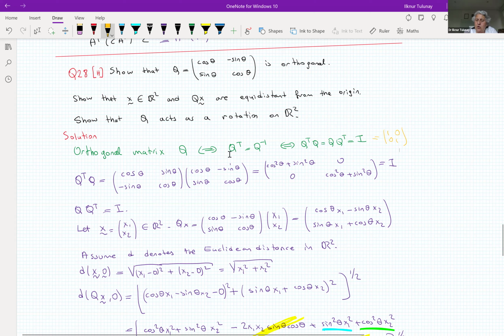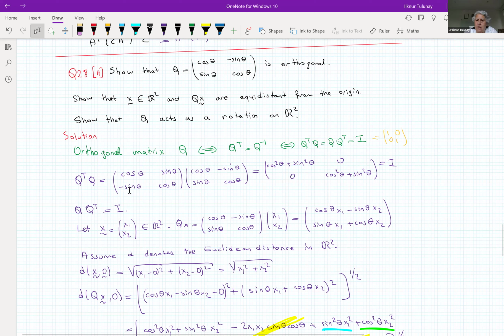This row dot product with this column, we will have cosine theta times sine theta plus sine theta times cosine theta. So that is 0, which is this position. And this row with this column, we have minus cosine theta sine theta plus cosine theta sine theta, which will be 0 in this position.